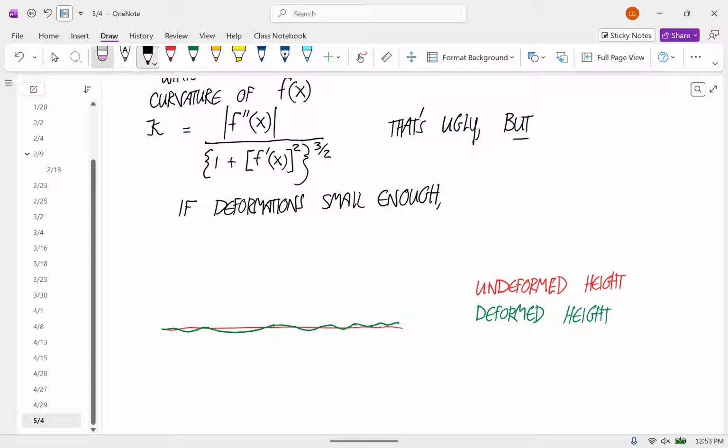Well, notice that we had these very small deformations, and they were so small that the slope of this green line also stayed close to 0. Think of what it would take for the slope of the green line at any point to deviate far from zero.